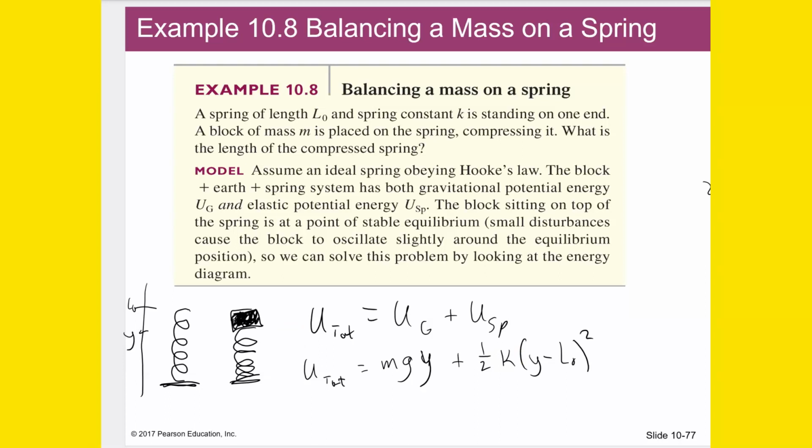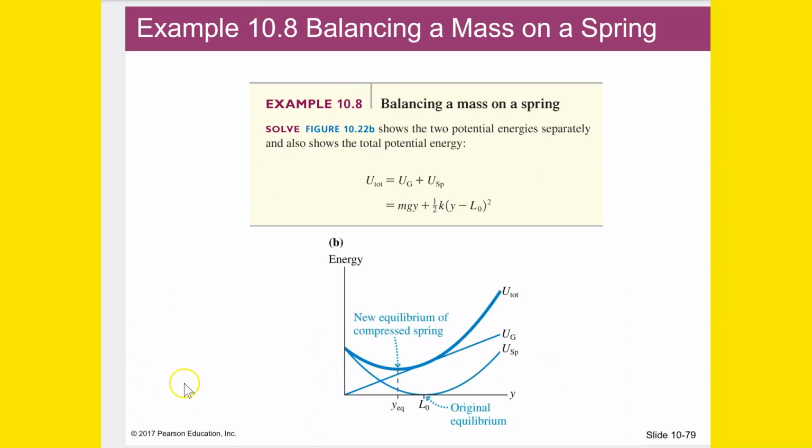Now, let me show you what this is saying. The total energy of this system is equal to the potential energy of gravity plus the potential energy of the spring. Now, all right, this is what's hard to follow.